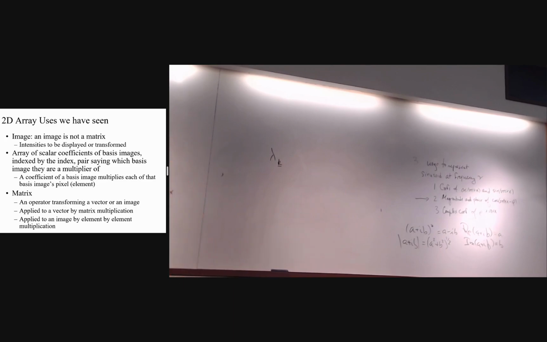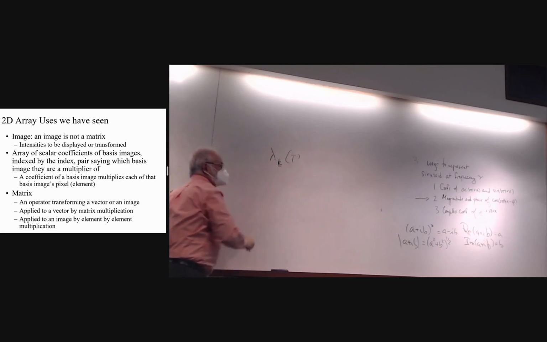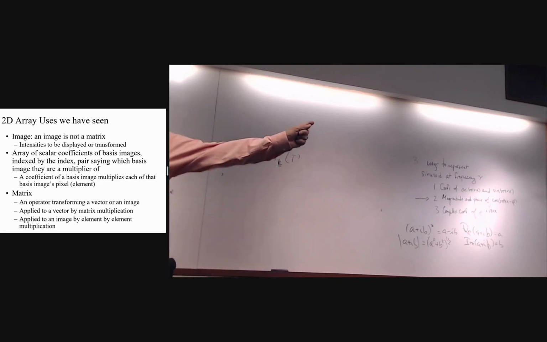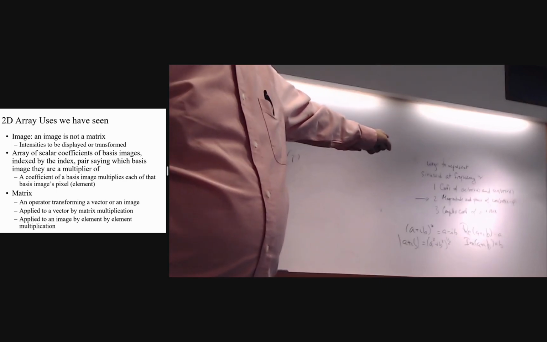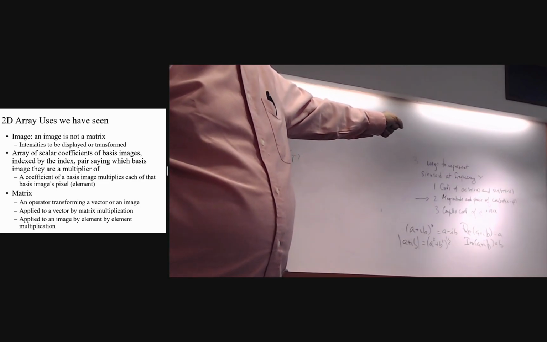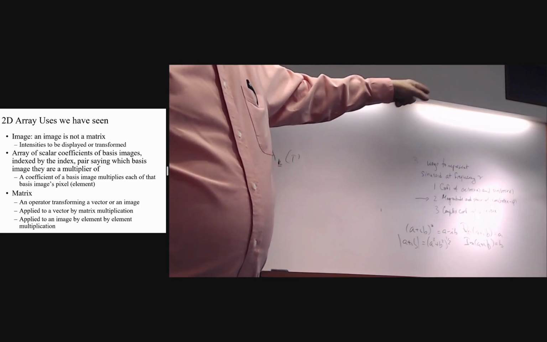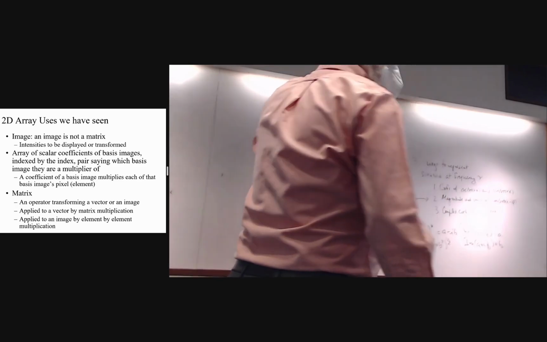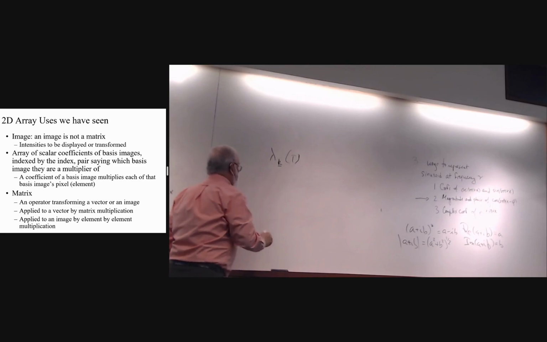these multipliers, these eigenvalues associated with a particular operator. Right? Just to remind you that any shift invariant linear operator is going to have an associated set of lambda sub k's. We're going to see how to get those eigenvalues. But that's also an array. It can be understood in the same way as what we've talked about for the images, as a real part and an imaginary part, a complex number, or we can understand it as a magnitude multiplier and a phase shift.